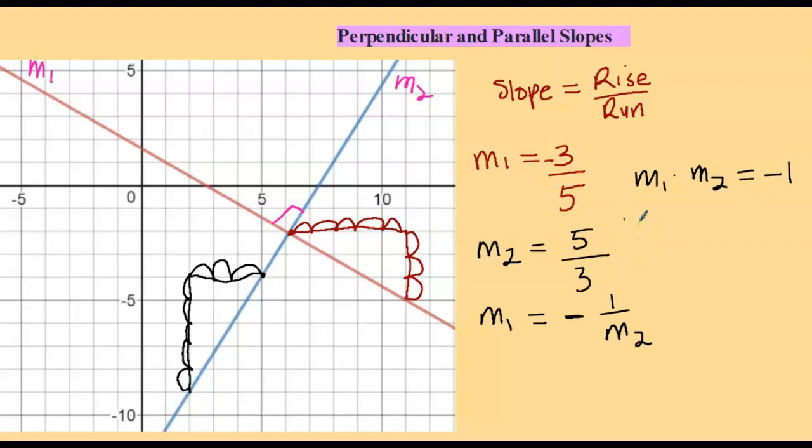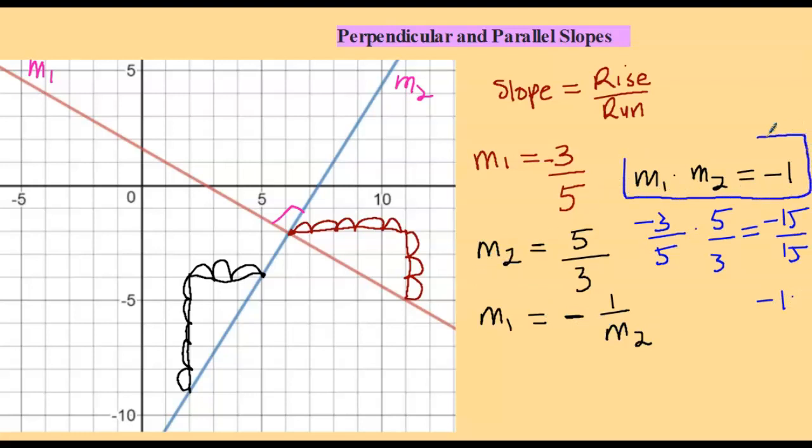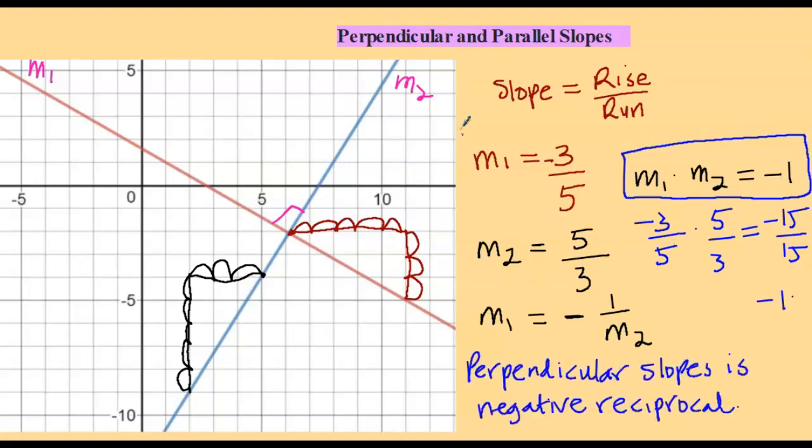When we multiply -3 over 5 times 5 over 3, realize that we're getting -3 times 5 gives us -15, and 3 times 5 gives us 15, which is equal to -1. So another way we can say it is that when you multiply the two slopes of perpendicular lines, you have to get -1. Okay, so this is the basis.